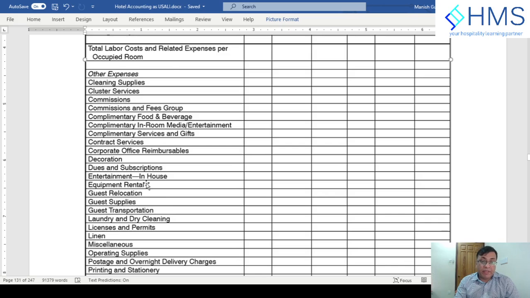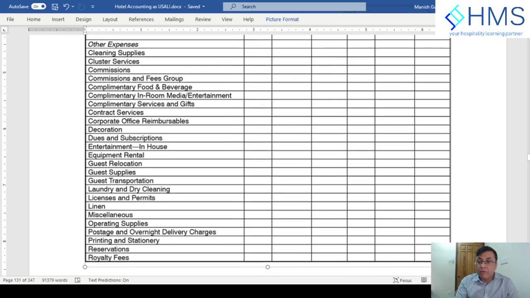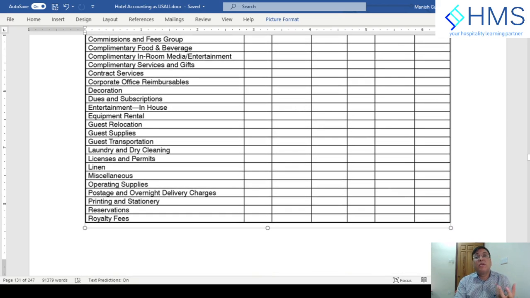Then you have the guest relocation based on occupancies, guest supplies, guest transportation based on room occupancies, linens. It is based on room occupancies actually, but usually because the changing schedule does not match with the occupancy schedule, so usually you can consider them as a fixed expense or as not relatable to either fixed or variable expenses.